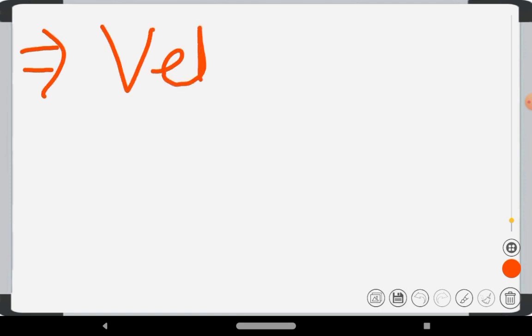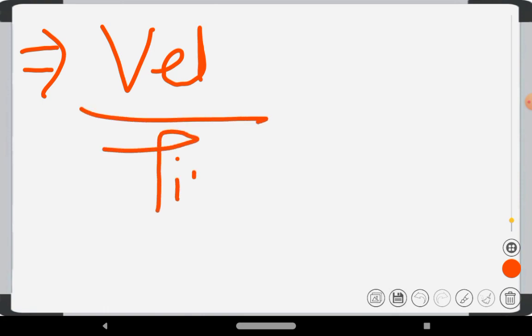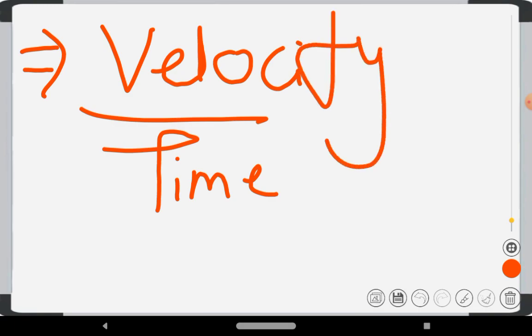So how to find the acceleration? First we will take the velocity and divide it by the time given. So by this method we can find the acceleration, and there are many ways to do it, like final velocity minus initial velocity divided by time is also equal to the acceleration.